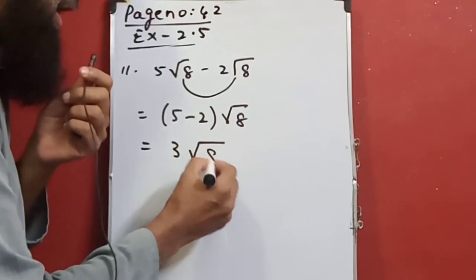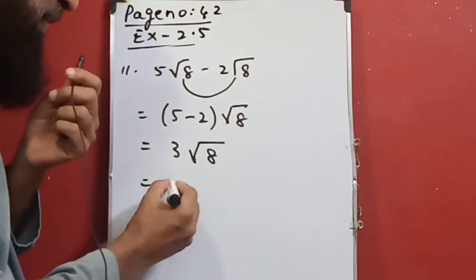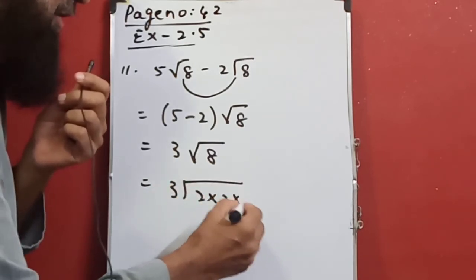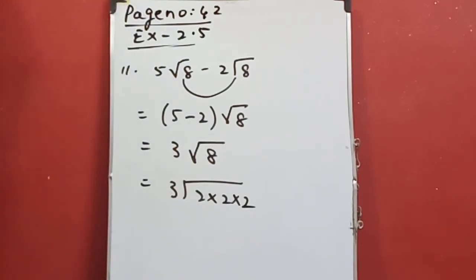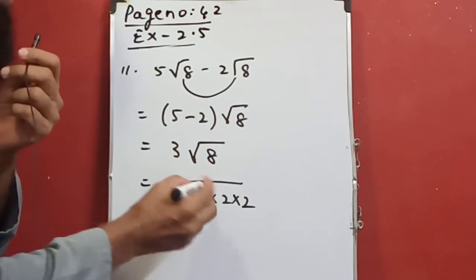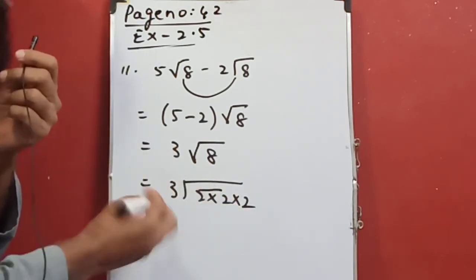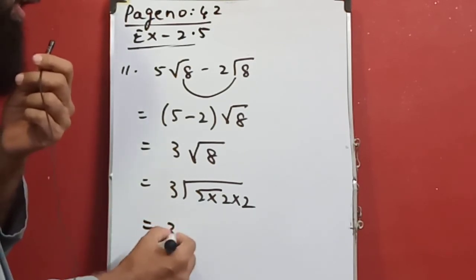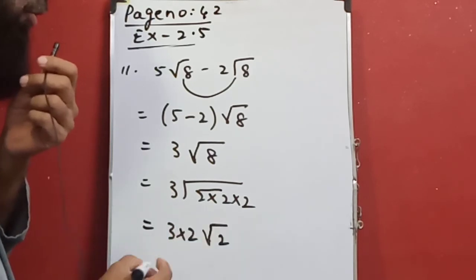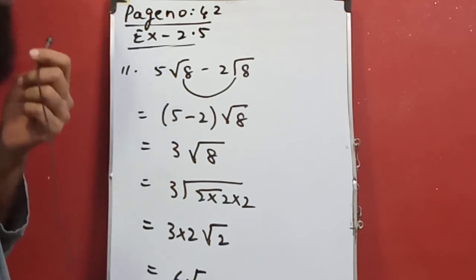And root 8, we make the factors of this: 2 2s are 4, 2s are 8. Now, according to the previous question, a pair of 2 we take outside the radical sign. 3 multiplied by 2, and the remainder is 2. 3 2s are 6. 6 root 2 is the answer.